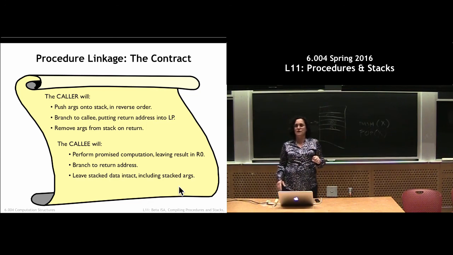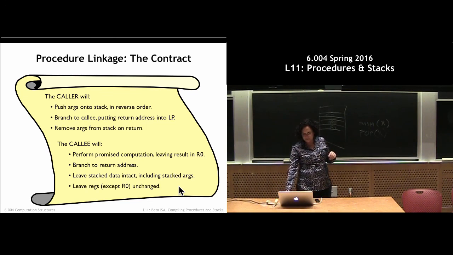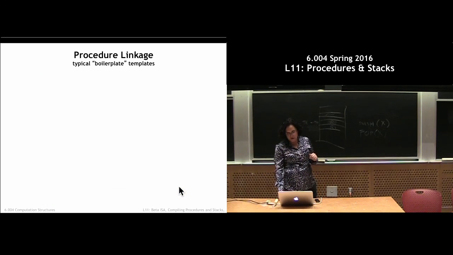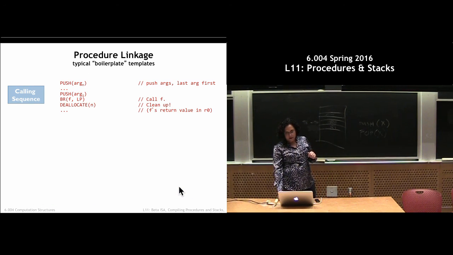So anything it pushes onto the stack, it needs to take off. And finally, all the other registers, if you're going to be modifying them, you need to have first saved them so that you can then restore them before you return from your procedure call.